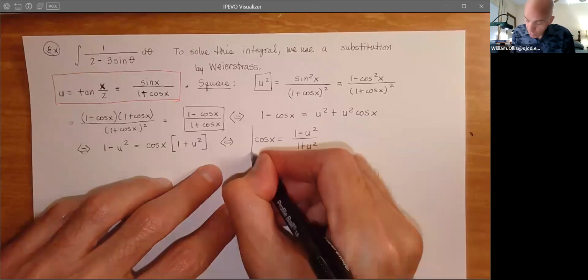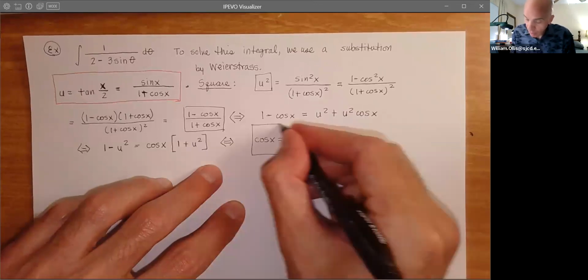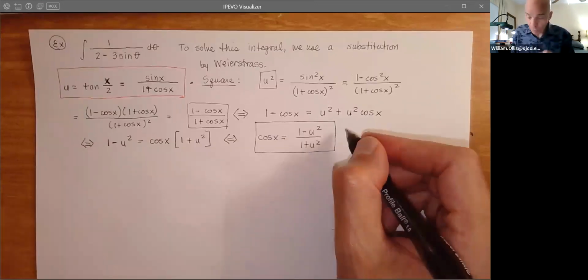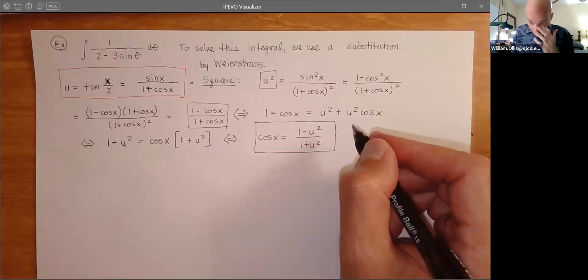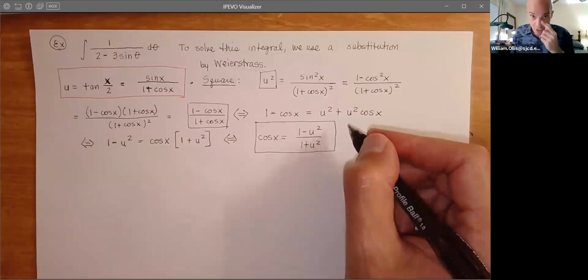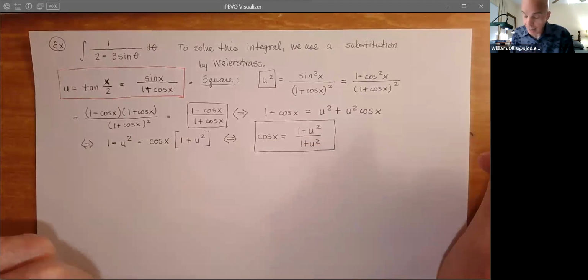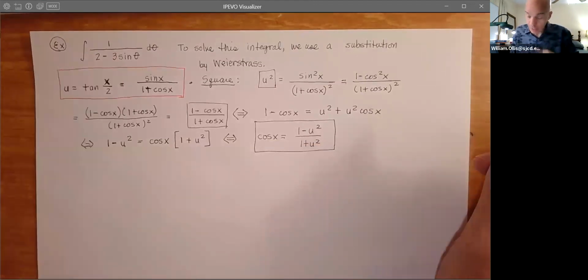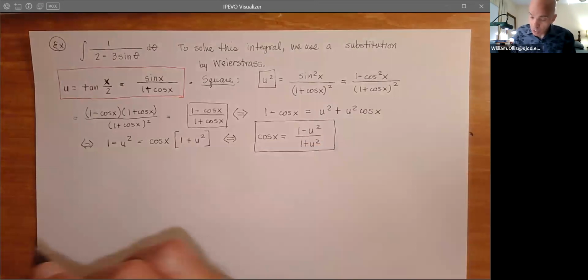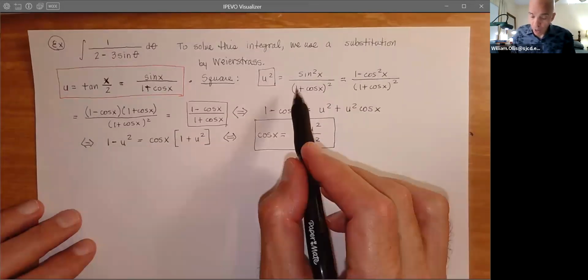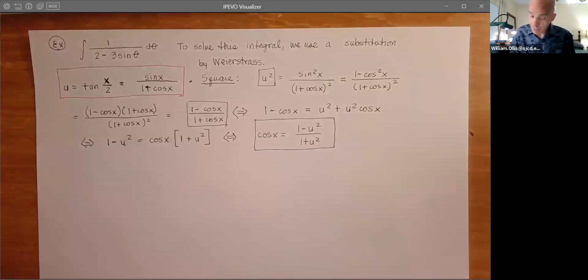So there's a rational expression for cosine x, which again is an improvement. Now, all we have to do, because this is usually for rational expressions in sine and cosine, we need a sine, and then we just need a differential and we're good to go. So we can go back to the original equation to get the sine.